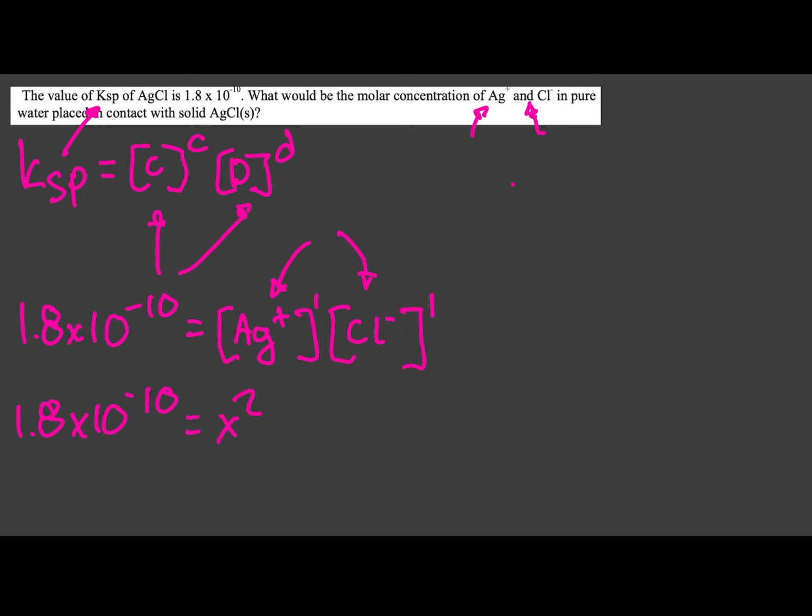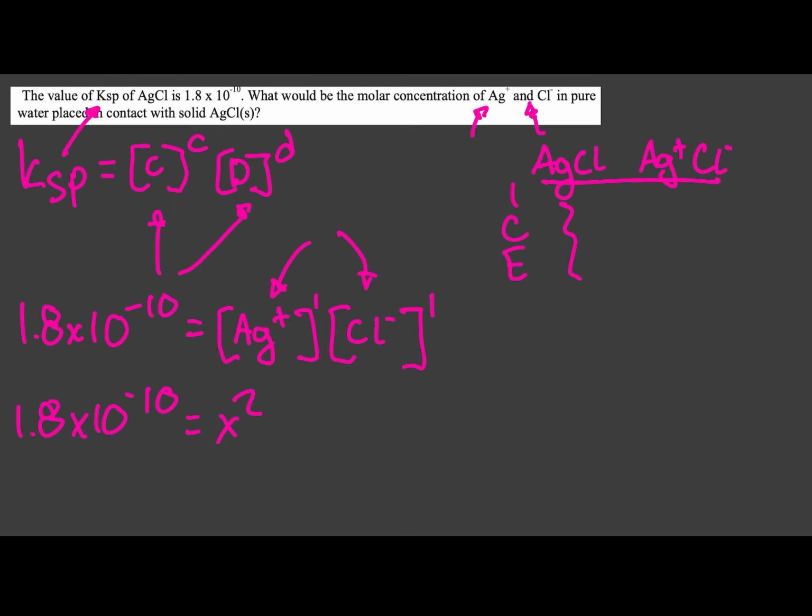Now you may be asking, where did the x squared come from? That x squared came from, if you remember the ICE table, the initial, change, and equilibrium. We have our silver chloride right there. We have our silver plus, and then our chlorine minus. And from here, we remember that solids are not counted in this, so we can just ignore that.